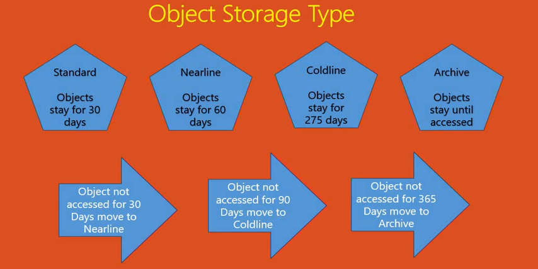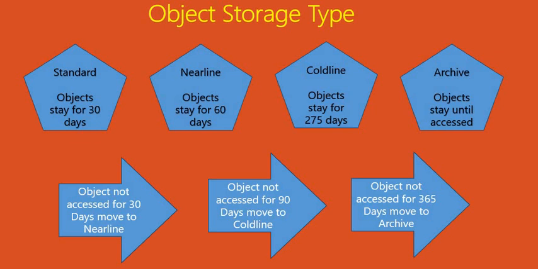Suppose you have not accessed an object in the last 30 days, it will automatically move to nearline. In nearline, the object is stored for 60 days. So after 30 days, if the object is not accessed, it automatically moves to nearline, and there it stays for 60 days.